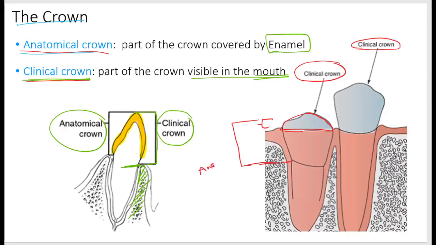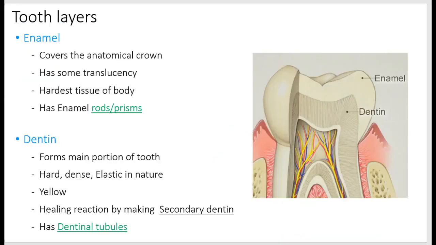So that would be anatomical, and this would be clinical, right? So the part of the crown that is seen above the gum or visible in the clinic.